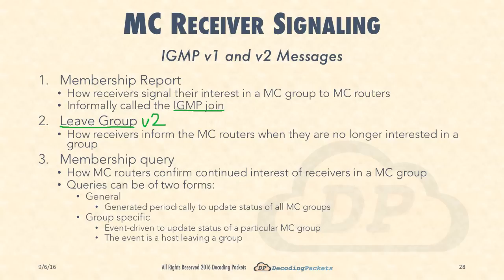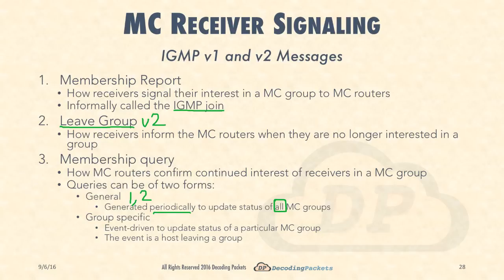The first one, supported in both version 1 and version 2, is the general query. The general query is a periodic message, and it's basically to update the status of all multicast groups. For all of the active multicast groups on a router, the general query is sent periodically to update the status: should I keep forwarding packets on that multicast group, or should I not forward any more packets?